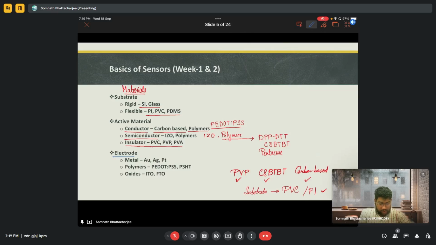Now for electrode materials, we use metals, maybe gold, silver, platinum. Apart from this, we can use different polymers as well, both semiconductors as well as polymers.